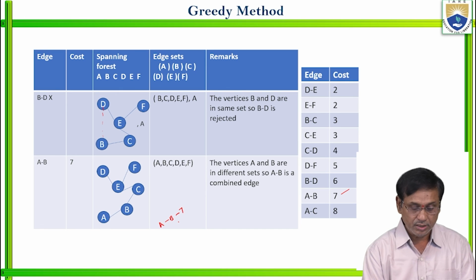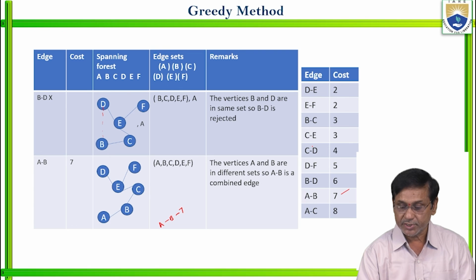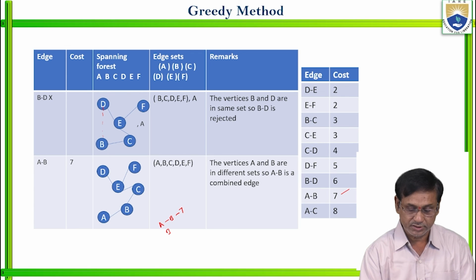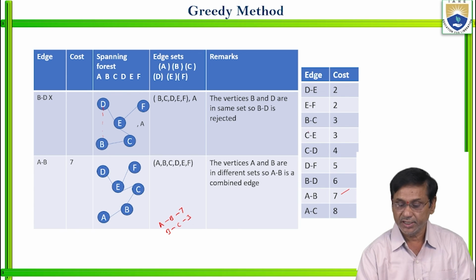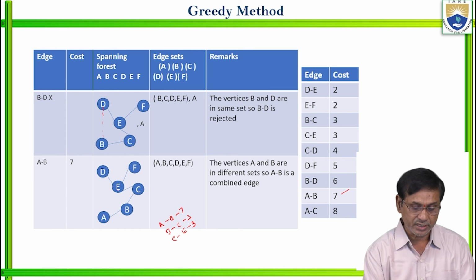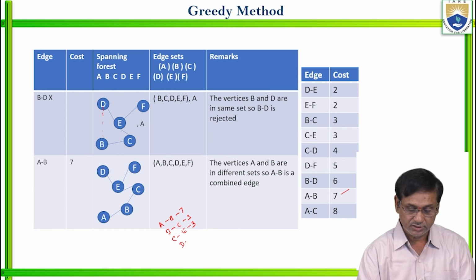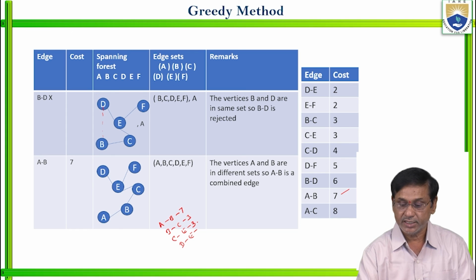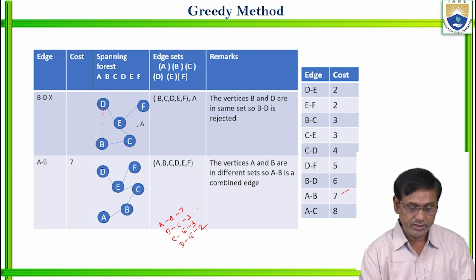Then BC is 3. Then CE is 3. DE is connected, and DE is 2.